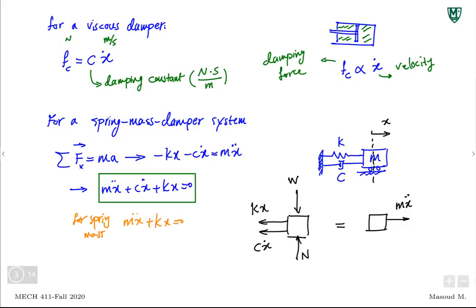Now let's see how we can solve it. So we have a second order differential equation we're trying to solve. Depending on how much you remember from your differential equations course, let's say mx double dot plus cx dot plus kx is equal to 0. All right, it's a second order linear differential equation.